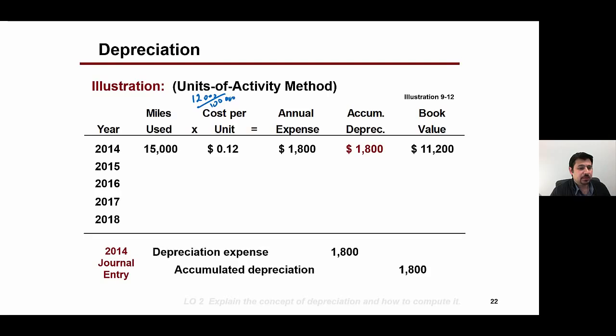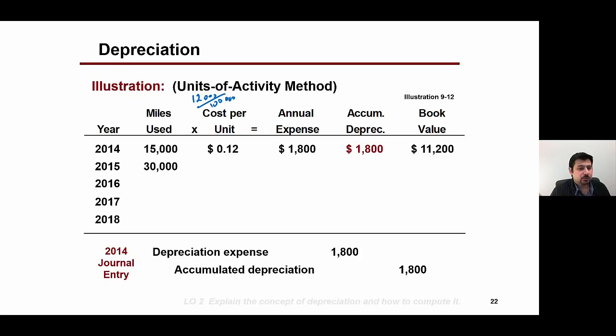In 2015, again, it's the same way of depreciation, so the journal entry will be to debit depreciation expense 1,800 and credit accumulated depreciation 1,800. In 2015, let's say that miles used were 30,000.